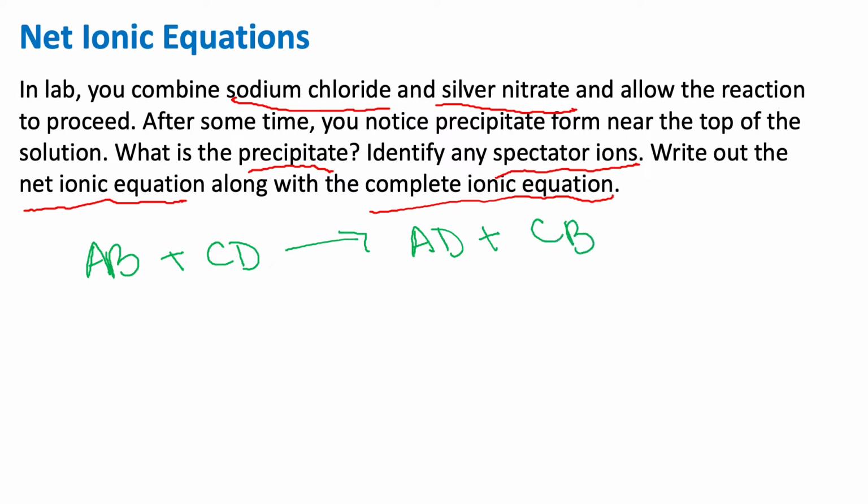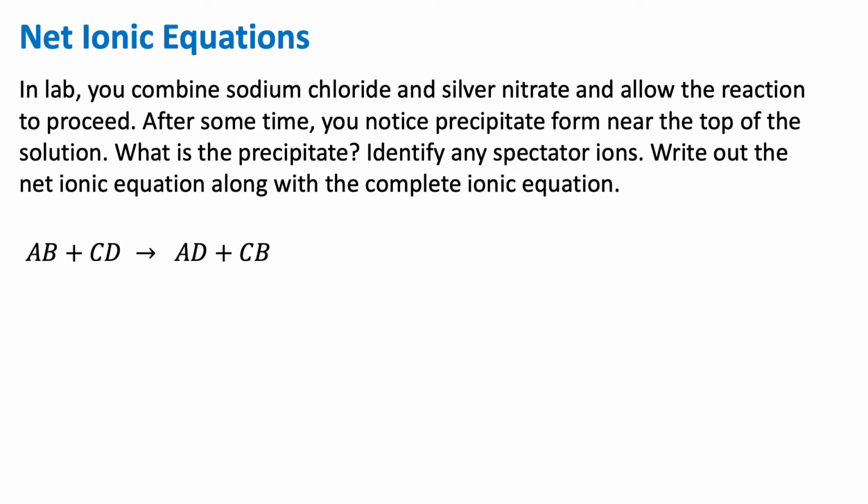So what happened is that the A switched positions with the C, and the B switched positions with the D. So the cations and anions replace one another, and we get these two products. Here I've written it out more clearly.